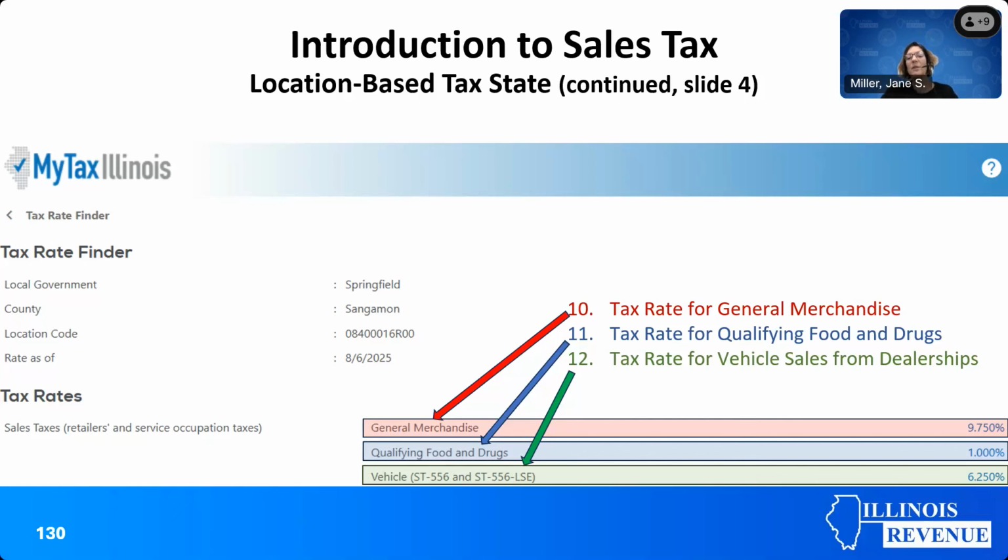That's everything other than the qualifying drugs and the groceries. Then we have qualifying food and drugs, which will eventually say qualifying drugs because the food is a separate rate. If there is a grocery tax rate in your area, that will show up. Next we have the vehicle sales tax rate.